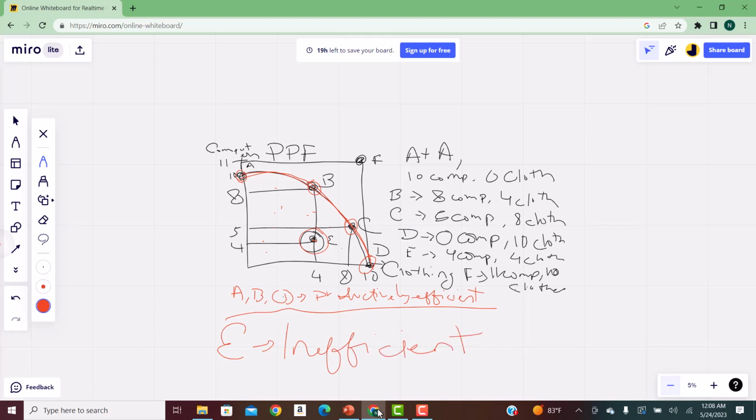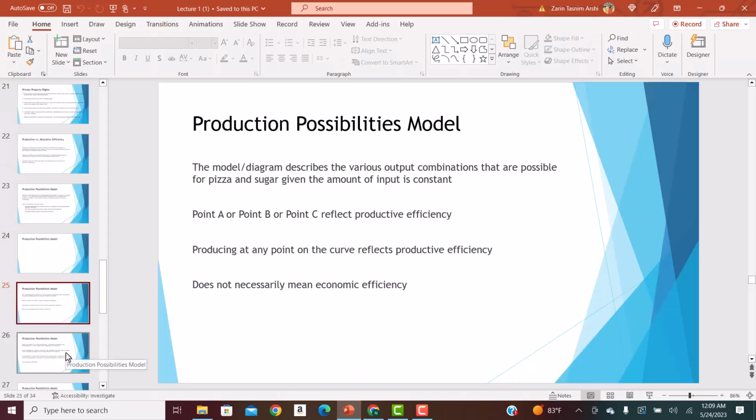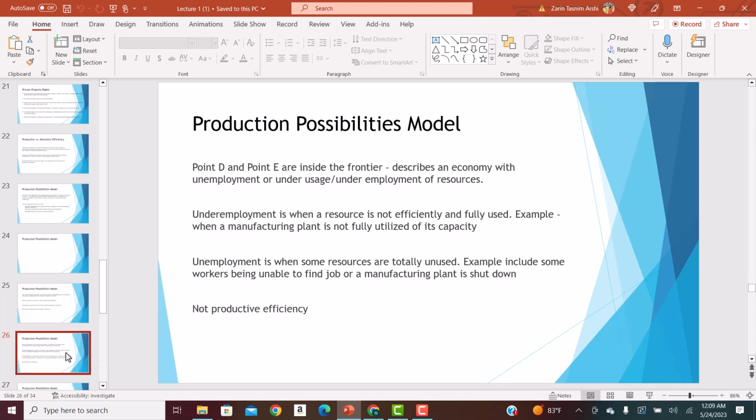Anytime the economy is operating below the curve, that means they are not using the resources properly or efficiently, and that is why we have inefficiency in the economy. Now, there are two reasons for inefficiency, and we're going to look at it in the slide. So first reason for inefficiency is underemployment, and second reason is unemployment.